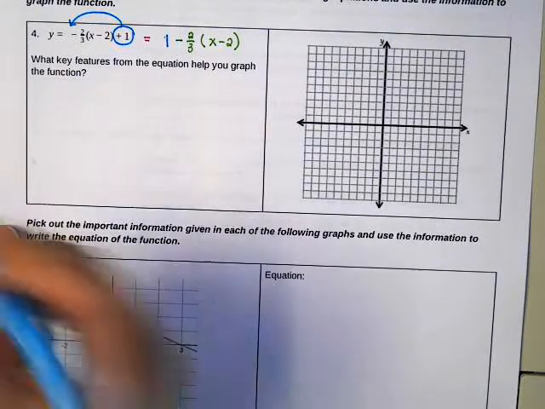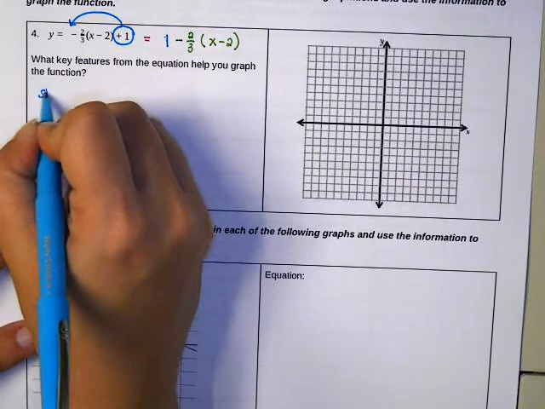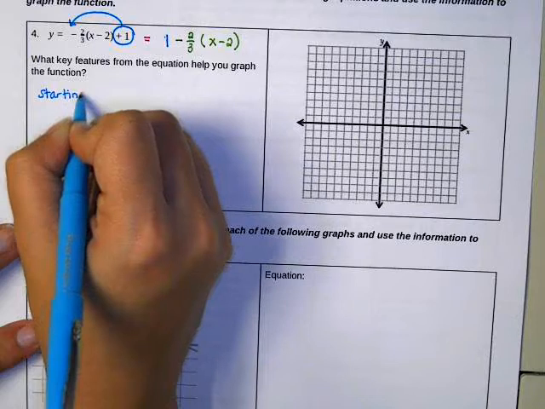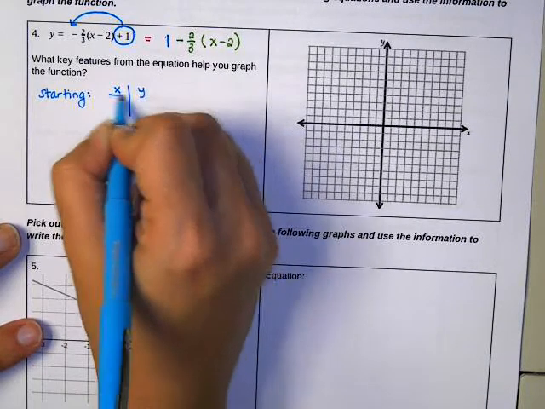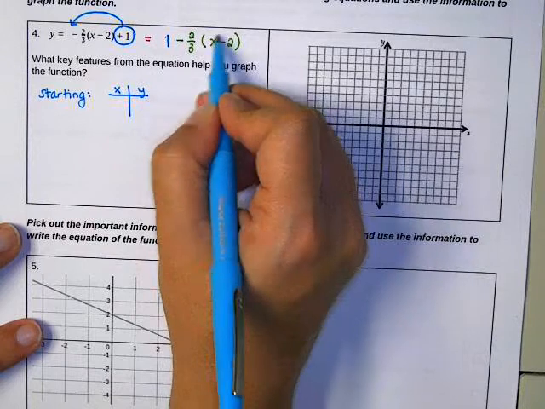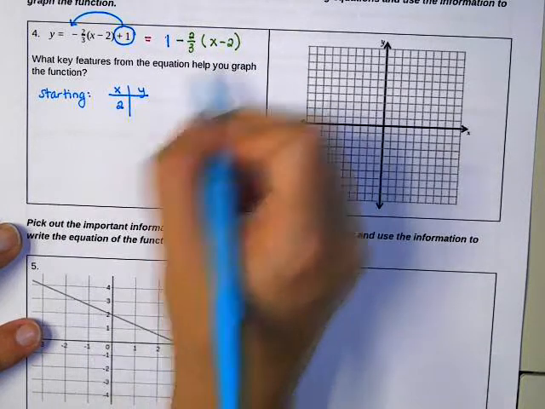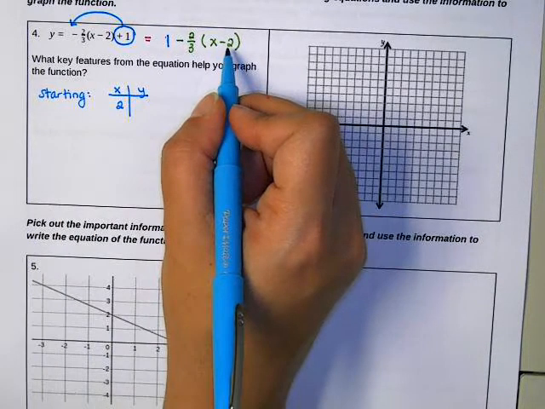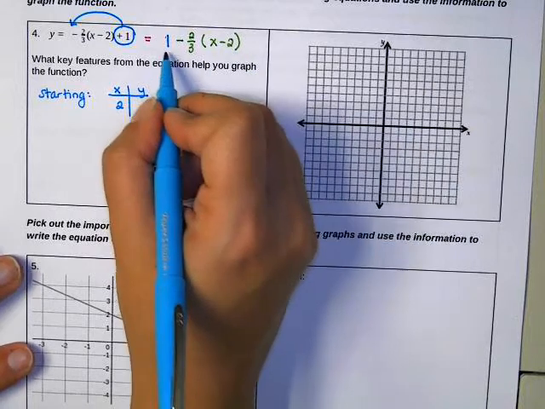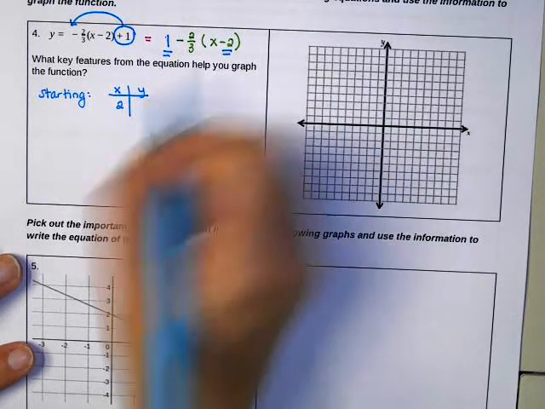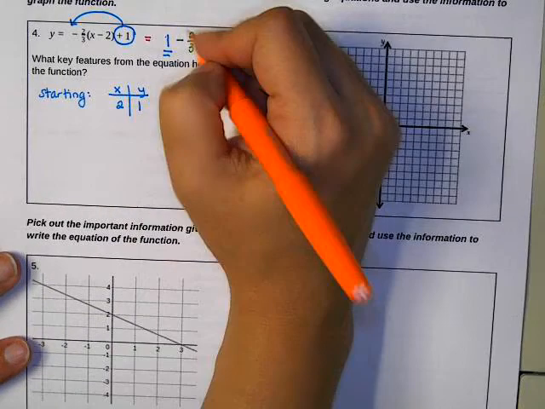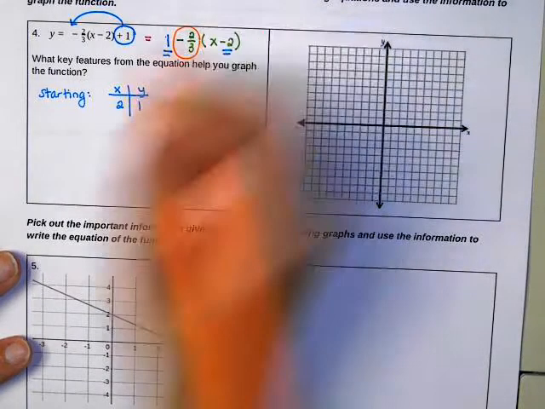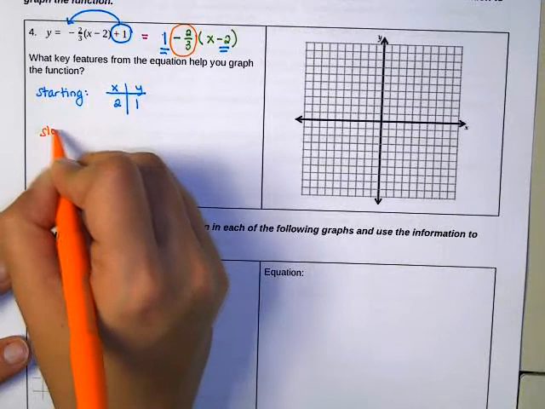From here, I can tell that the starting point that was originally in my table would have been 2 for the x, because I had to subtract 2 to get back to 0, and 1 for the y. I can also tell that the slope for my graph would be -2/3.